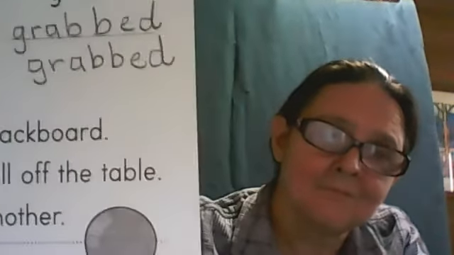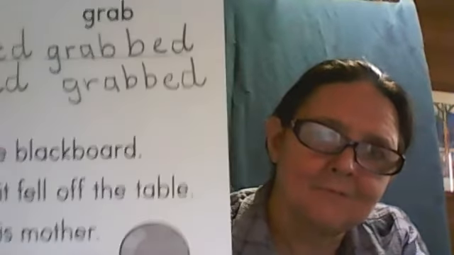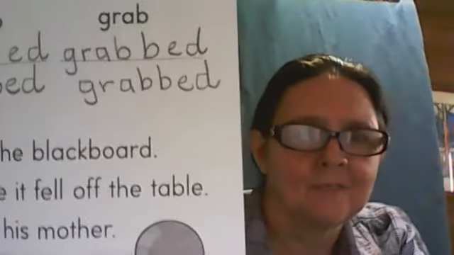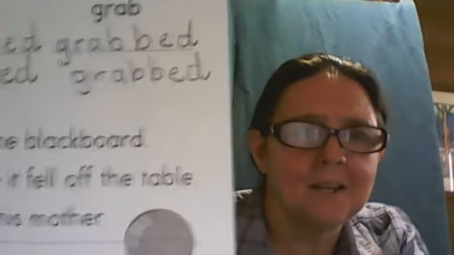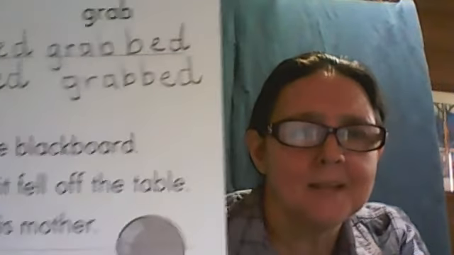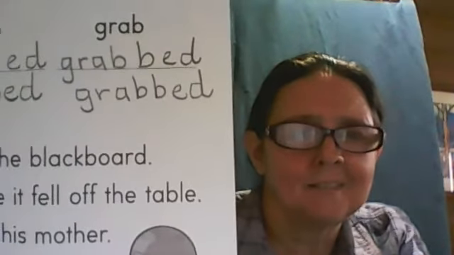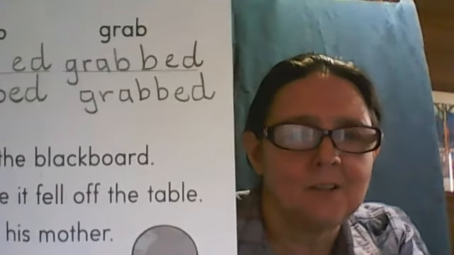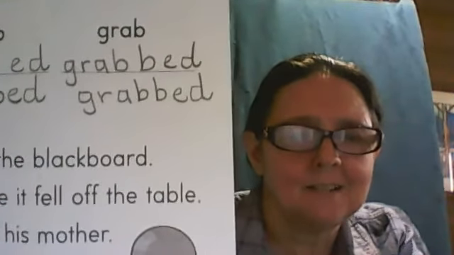I'll let you finish writing. Does your writing look a bit like that, with no spaces in the middle of your word? I'll just hold that there for a moment so that you can copy that if you haven't quite got it right yet.